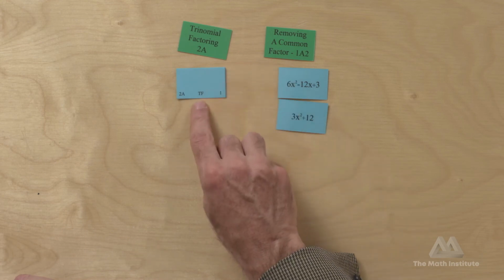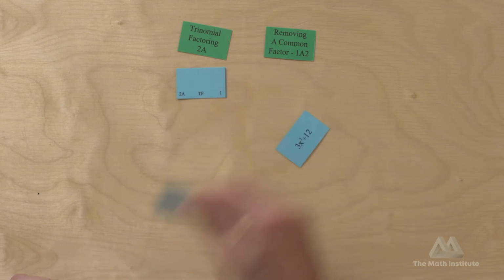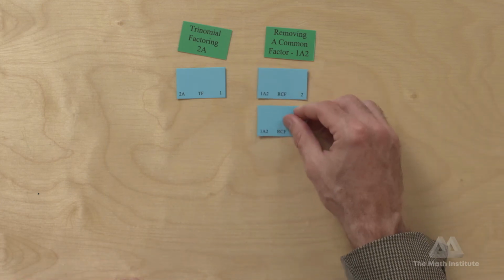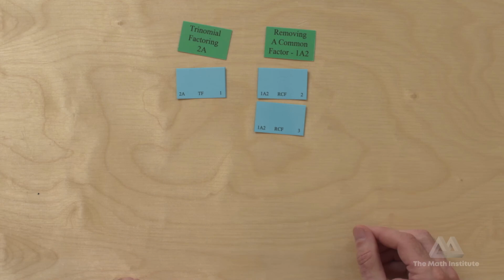So here, it says TF in the middle. That tells you it was trinomial factoring. And for these other ones, they do say RCF, so they know that that was the correct technique, removing a common factor. So as students learn more and more techniques, this becomes more challenging.